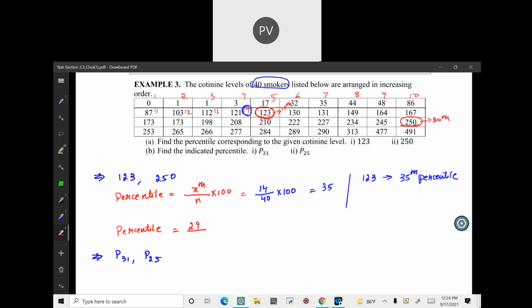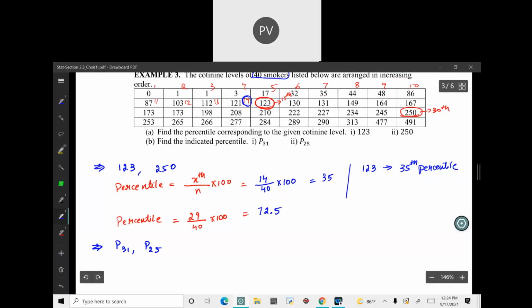What is the total number of samples? 40, into 100. You can round it off to 73. And 250 is nothing but the 73rd percentile.